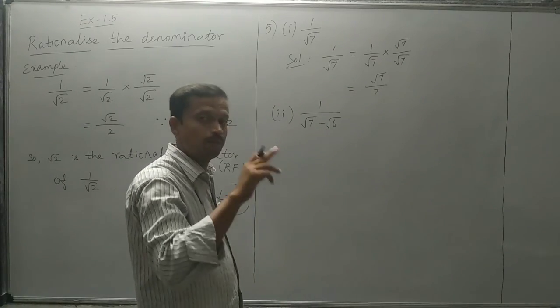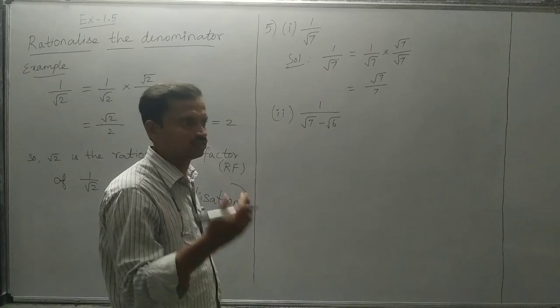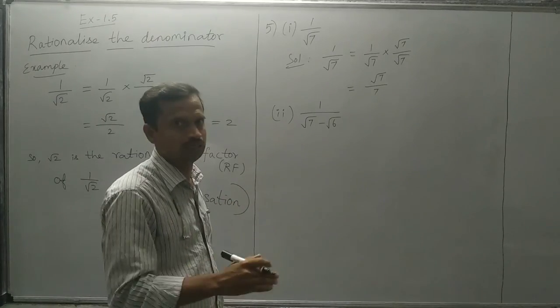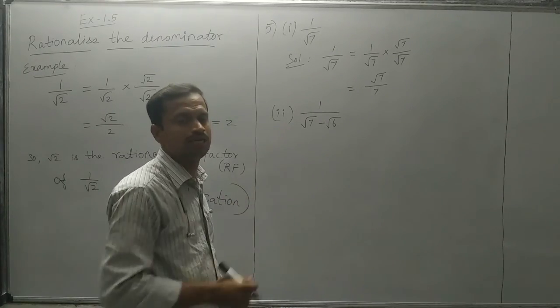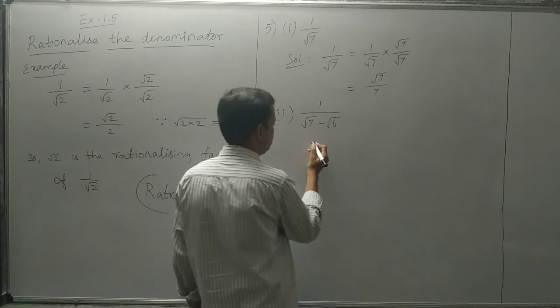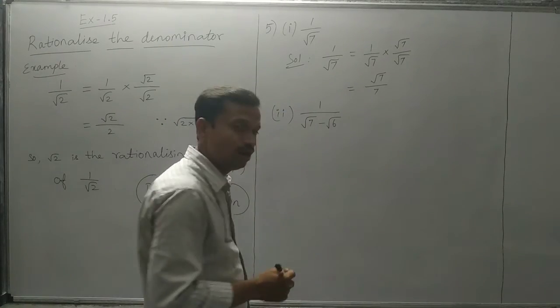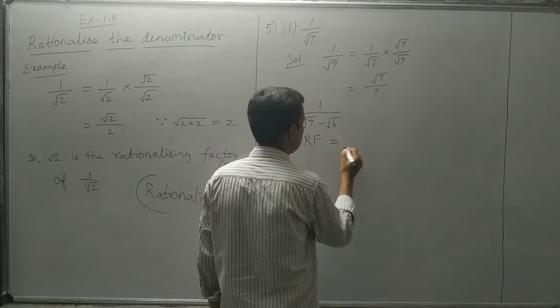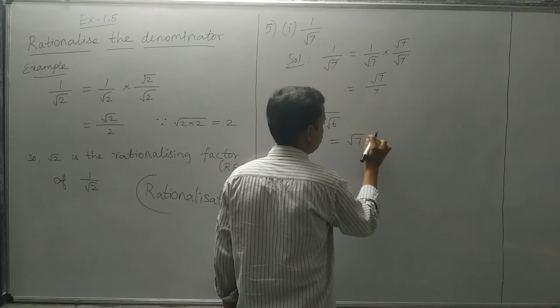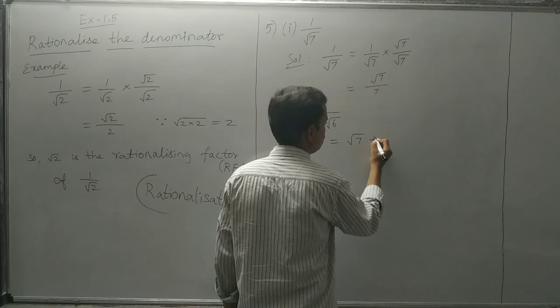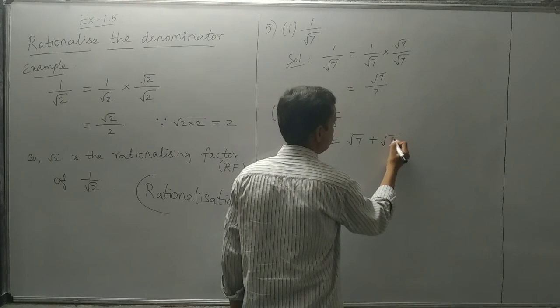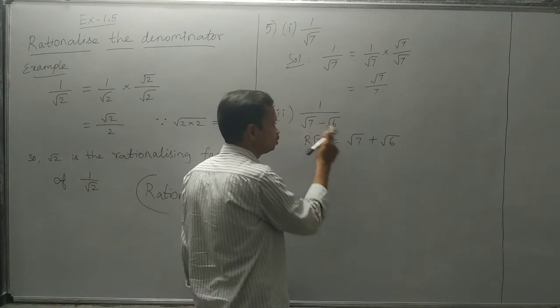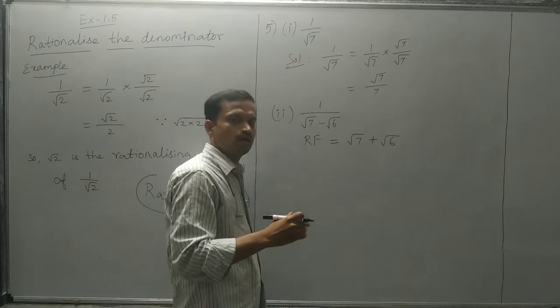So root 7 plus root 6 is the rationalizing factor of the denominator. So we have to multiply by root 7 plus root 6. So RF here is root 7 plus root 6. Here it is minus, so you have to put plus to get RF.